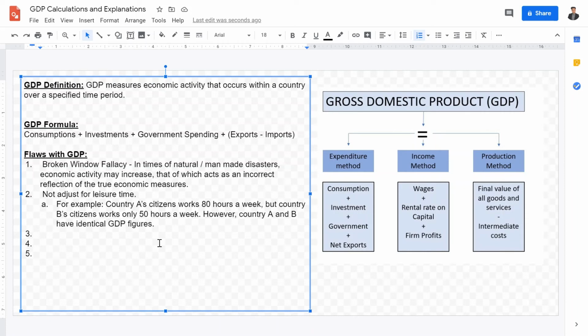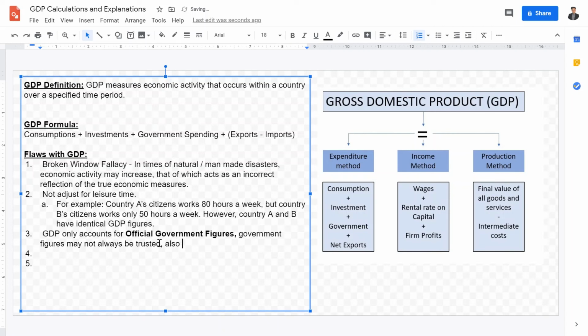The third flaw, of course, is GDP only accounts for official government figures. Governments are usually incentivized to exaggerate. Government figures may not always be trusted.